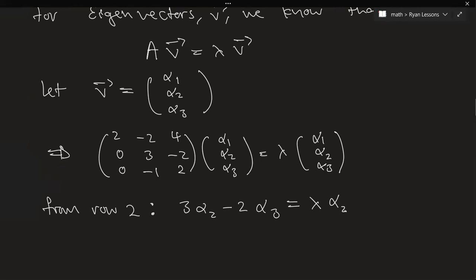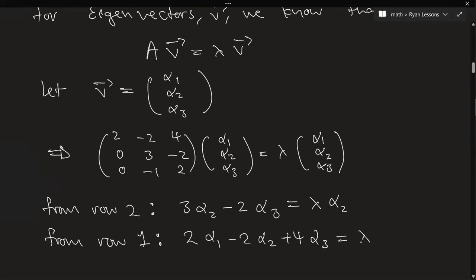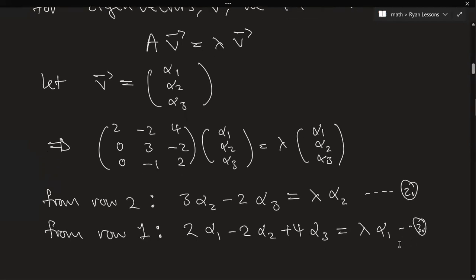Then again, we can take the first row. From the first row, we have that 2 alpha 1 minus 2 alpha 2 plus 4 alpha 3 is equal to lambda alpha 1. So we have these two connections, which I will call connection 2 and connection 3. We now have to solve these equations for different cases of lambda.